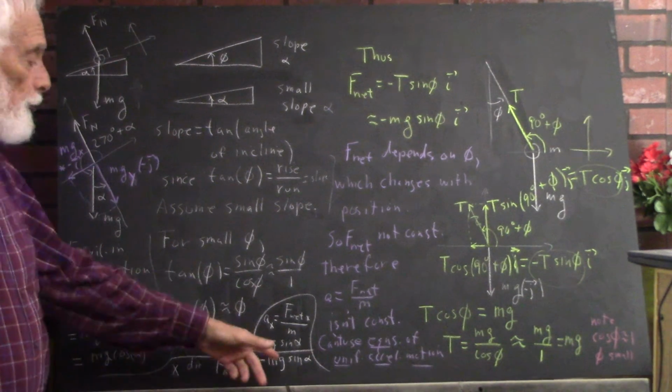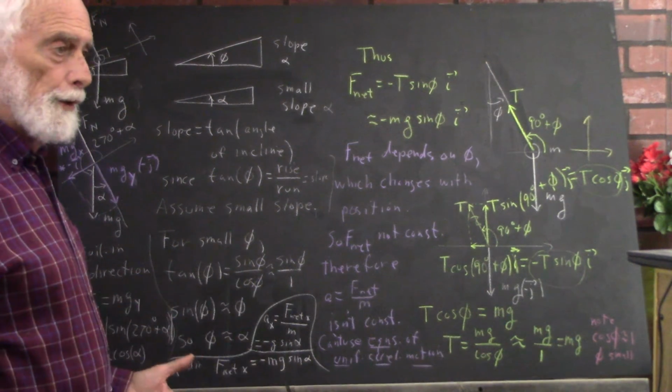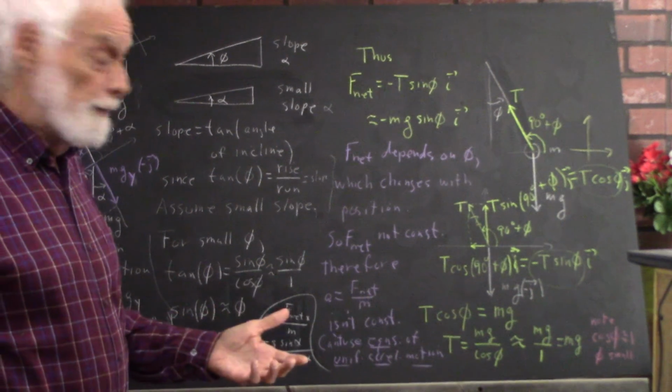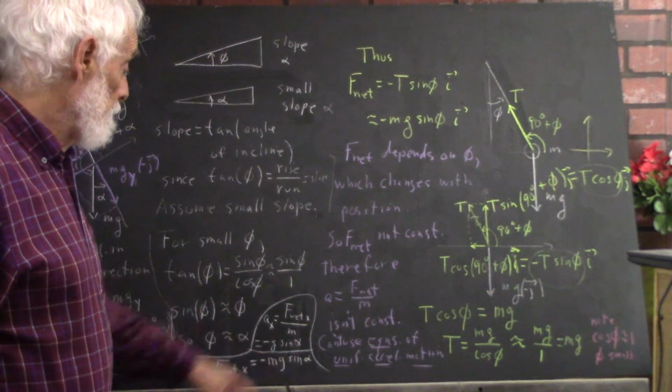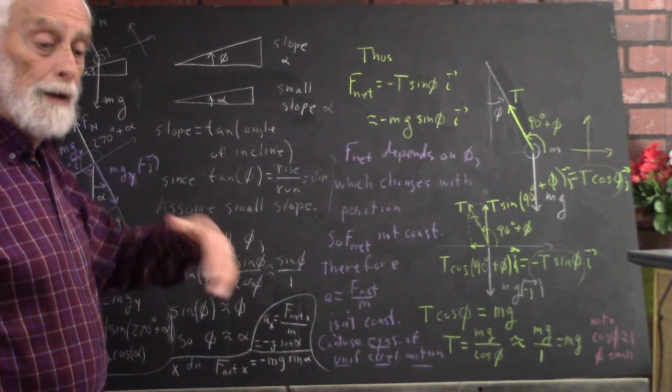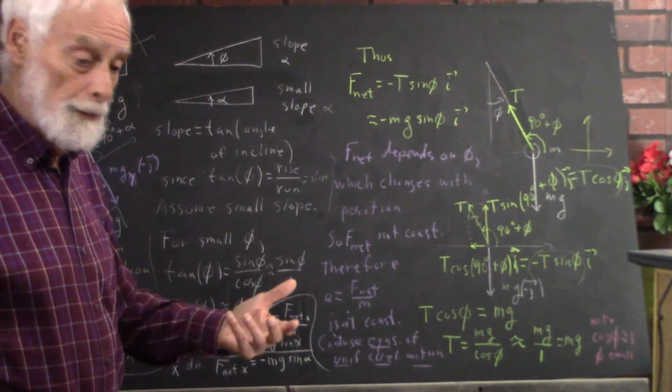Now that's an equation that people use all the time without thinking about where it comes from, because it pretty much applies to any incline at angle alpha if you don't have friction.